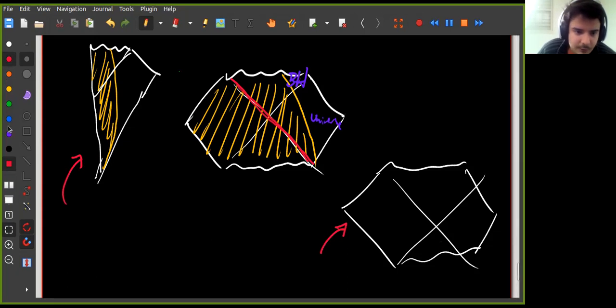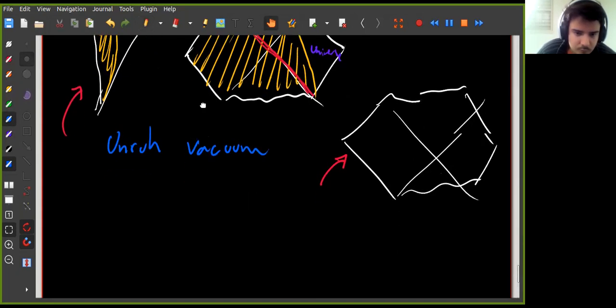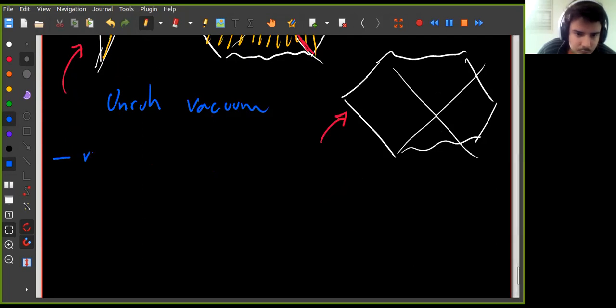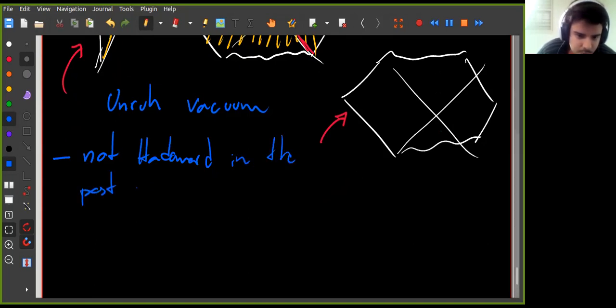This is called the Unruh vacuum. It is not Hadamard in the past horizon, which does not exist.